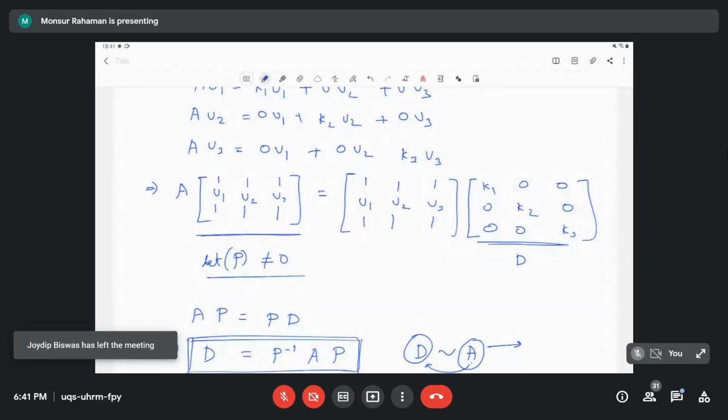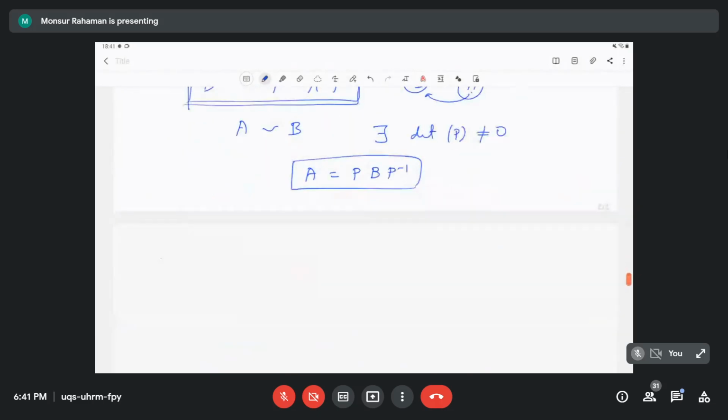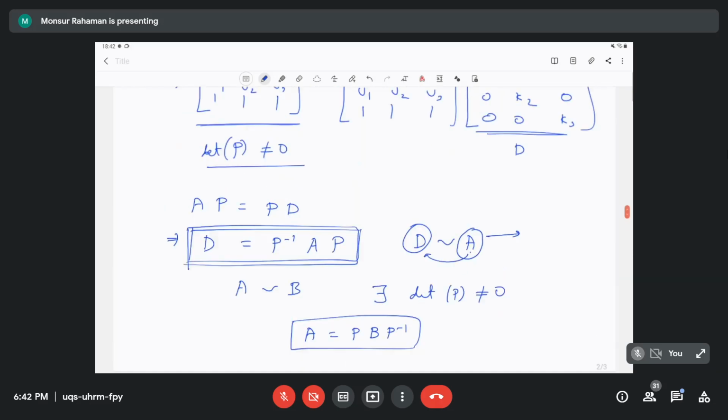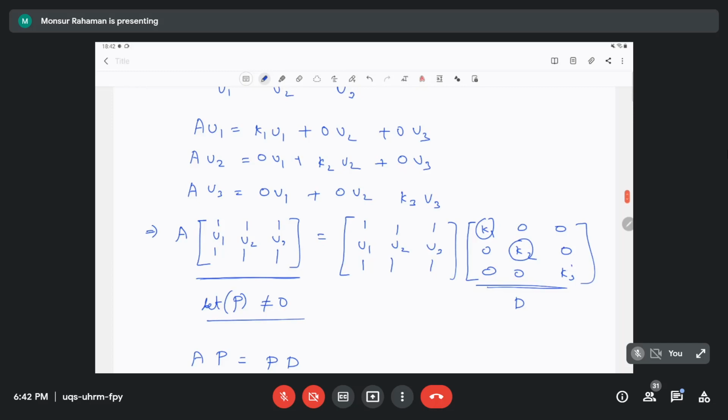So let's try. Say A equals the matrix with rows 3, 1 and 2, 2, and these are two eigenvectors. You have to find the corresponding eigenvalues and find the diagonal matrix. Obviously these are the eigenvalues, and you will have to write the eigenvalues diagonally and their eigenvectors in this form.